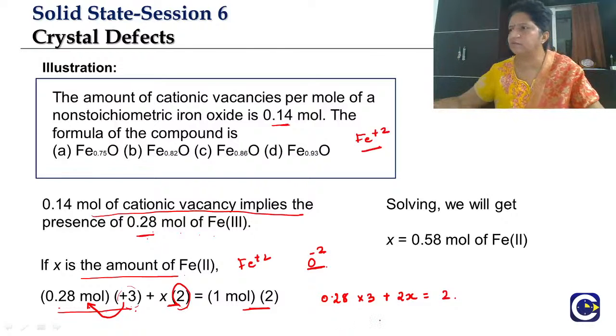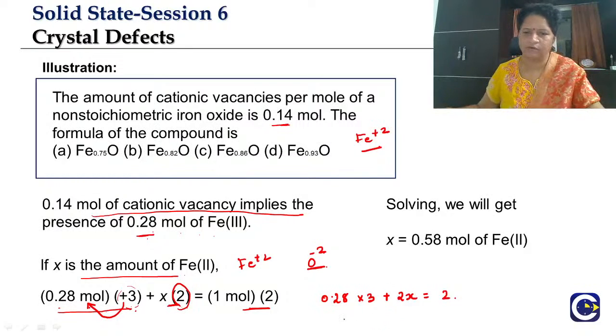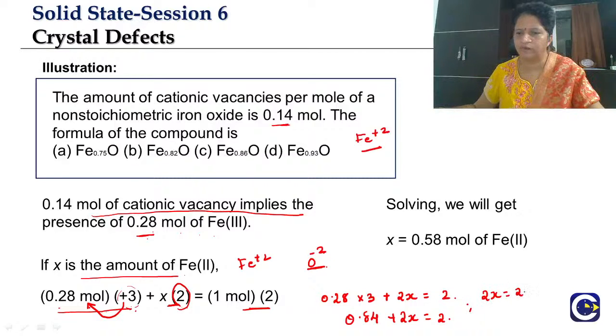Calculate this. 0.28 into 3 will be equal to 0.84 plus 2x is equal to 2. 2x will be equal to 2 minus 0.84.